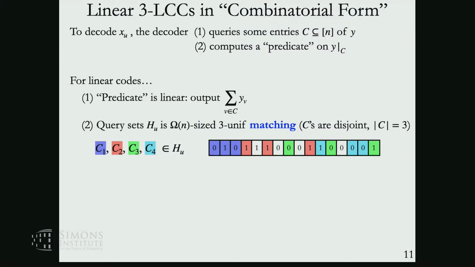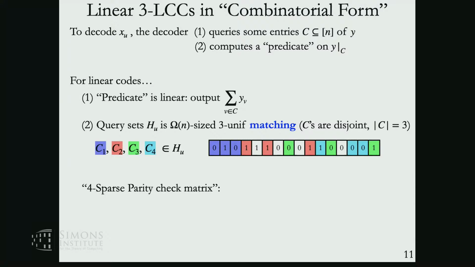So you can assume for linear codes that the decoder has this very nice form. As you can see here, this is a matching because each bit of the encoding is in at most one hyperedge. The matching need not be perfect, so some of these bits are uncolored, but it's going to be some omega n sized matching, so some constant fraction of the bits belong to some hyperedge.